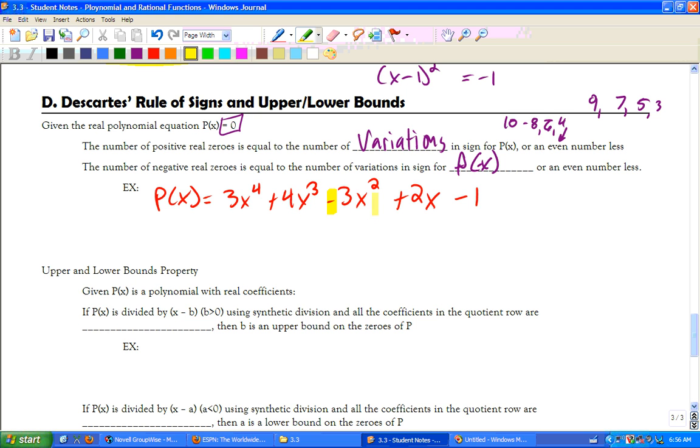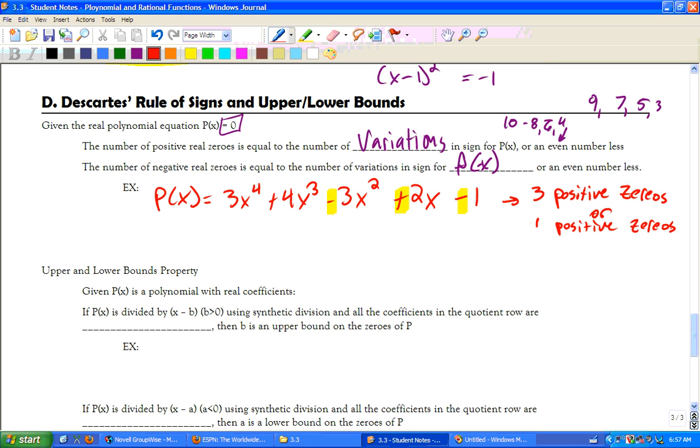Positive to negative, 1 variation. Negative to positive, 2 variations. Positive to negative, that's 3 variations. Which means there's a possibility of 3 positive zeros, or an even number less, so subtract 2, 1 positive zero.